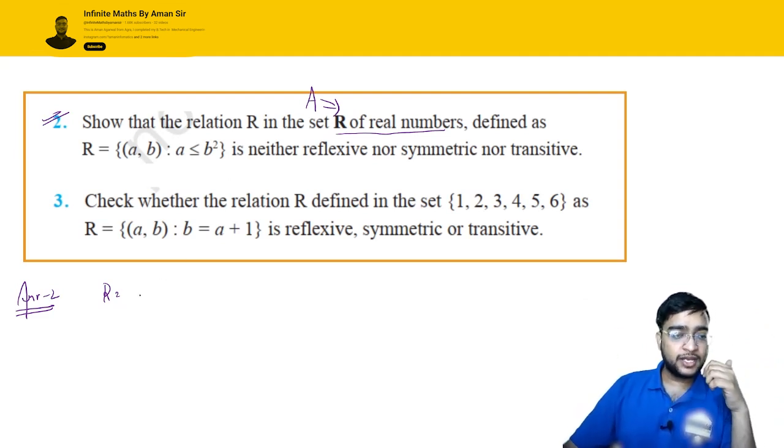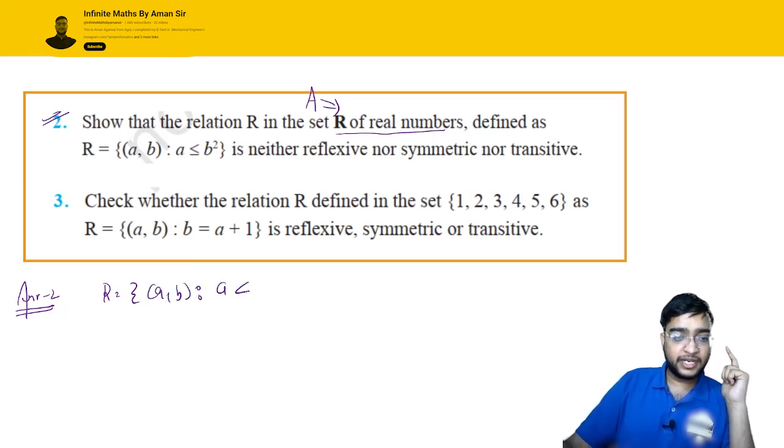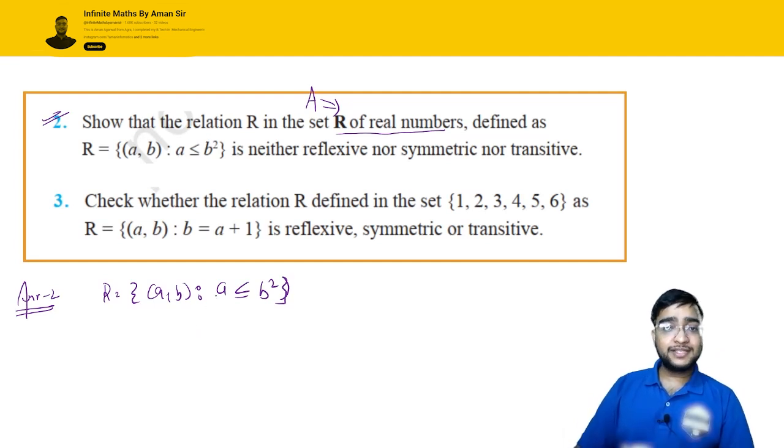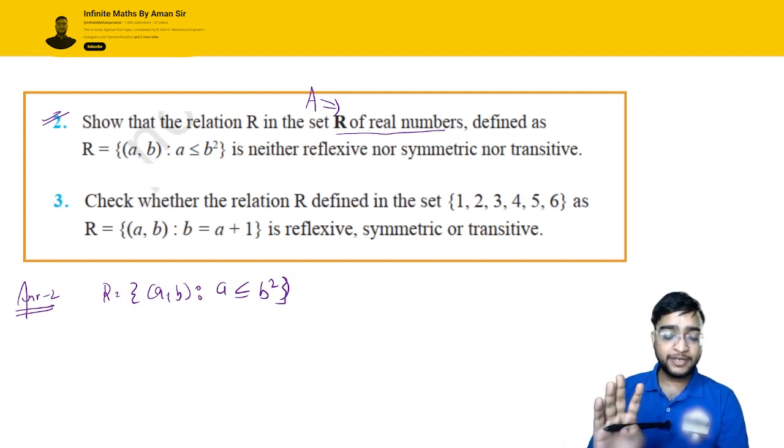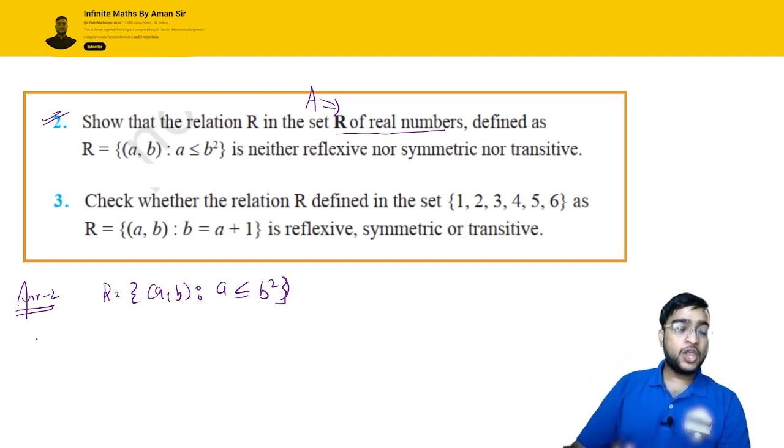So my relation here is a comma b, that represents a less than b square. It is neither reflexive nor symmetric nor transitive. What can I do? I take those elements and try to prove the false condition here only. Let me take the reflexive one here.